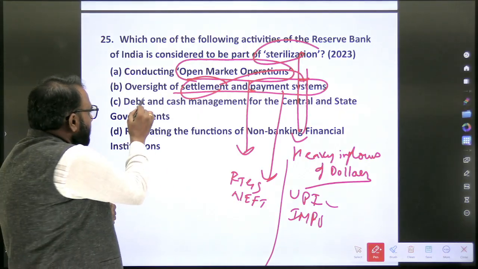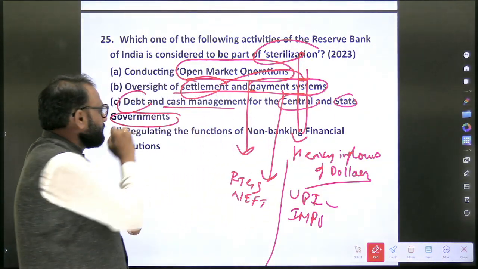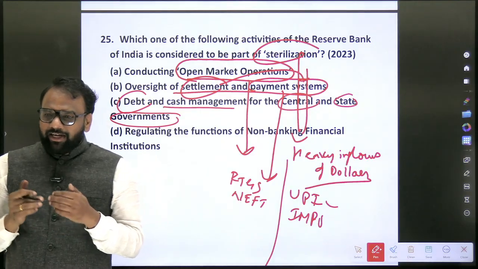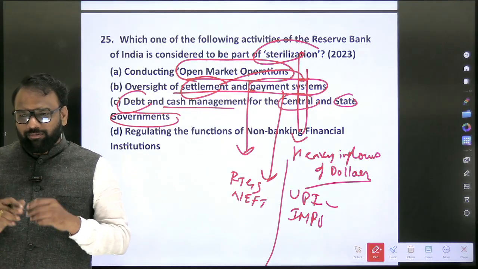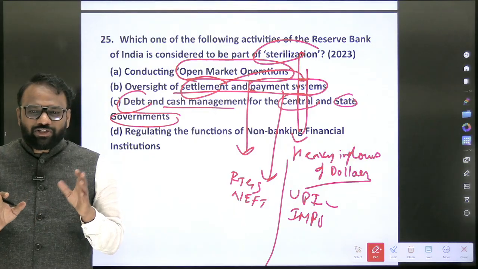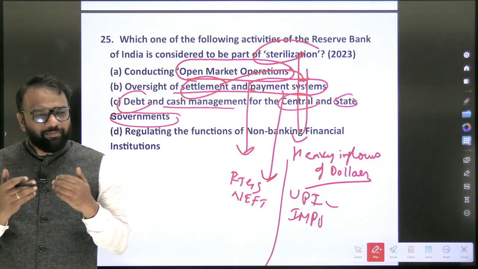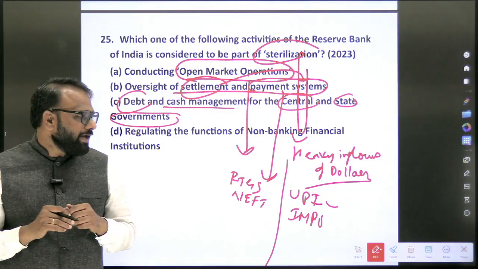Next, debt and cash management for the central and state government. For the central government, debt management is done by whom? RBI. For state government, RBI. This is very important. Both these functions are carried out by RBI itself.